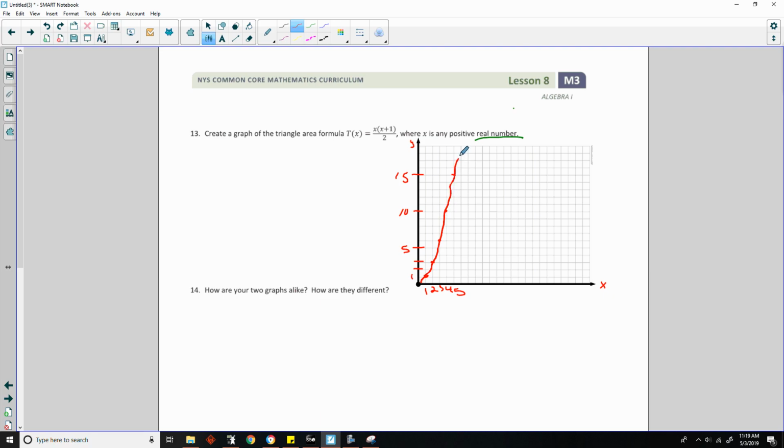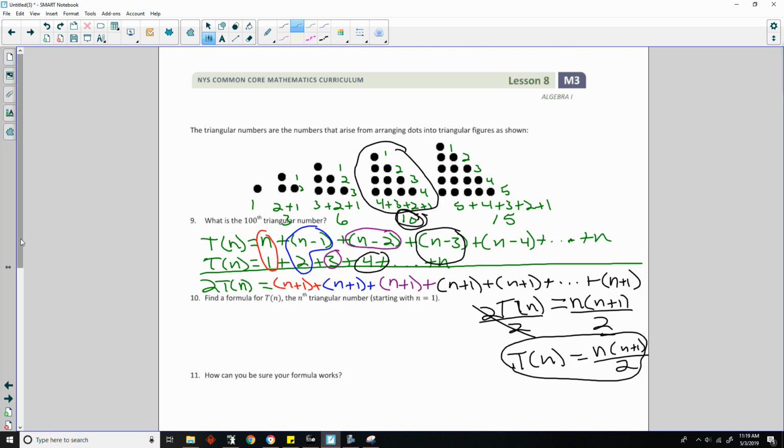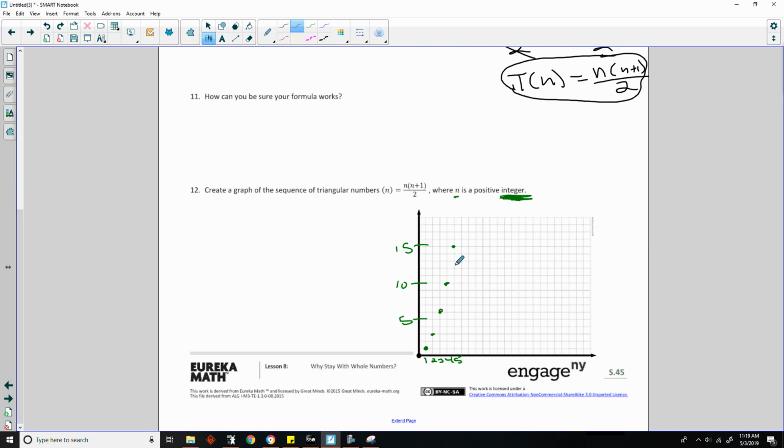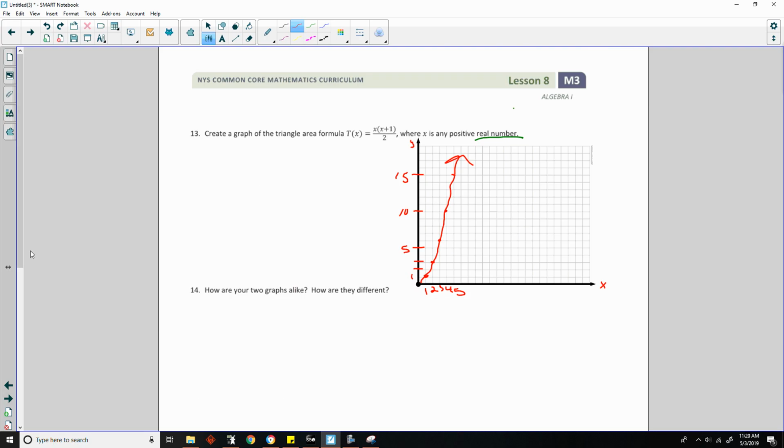It's very difficult for me to draw a curve here, but you get the idea. It's every value in between as well. I could do 2.5, 2.6, 2.7, 2.8. All positive real numbers do not have to be just integers. The difference is the dots are connected in this one, and these are just dots with nothing in between because they were only positive integers.